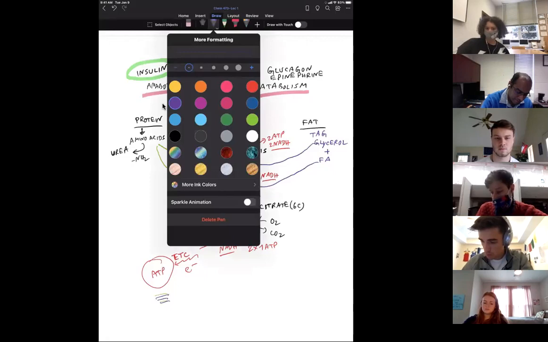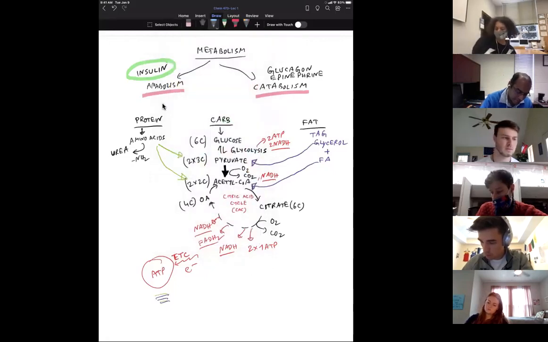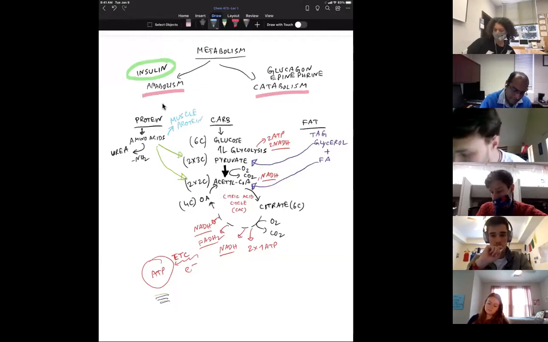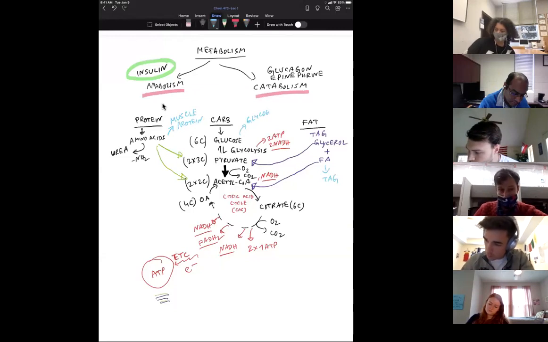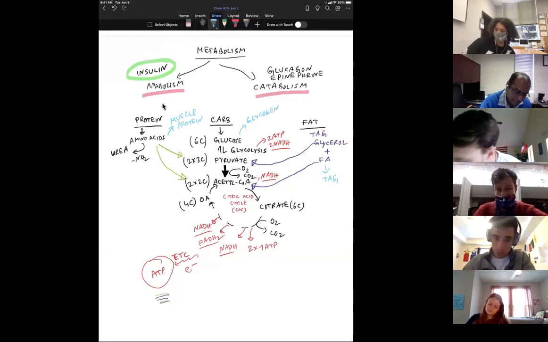So that was catabolism. And then anabolism: when you have amino acids, we need to store them. We're going to make muscle protein, for example. The fatty acid will be stored as TAG. If you have excess glucose, then we can make glycogen. Also cell wall.